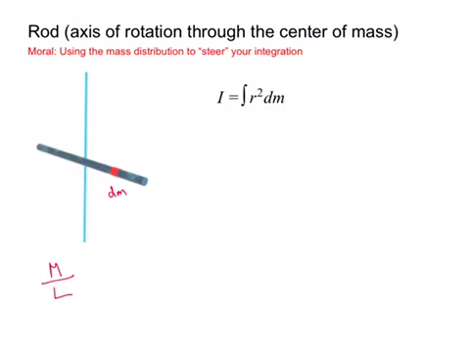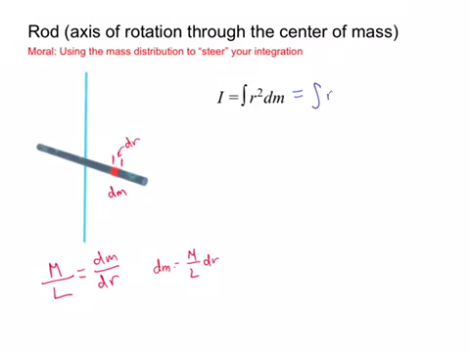In this example, this small mass element has a very, very small length of dr. And if the mass is distributed uniformly, we're able to set these two ratios equal to each other. Here we're going to solve for the mass element dm, and we're going to end up substituting this into our integral.